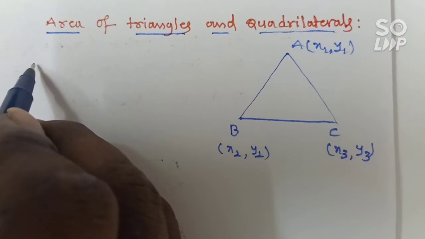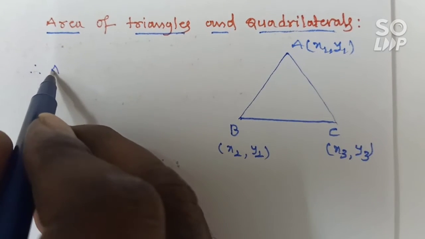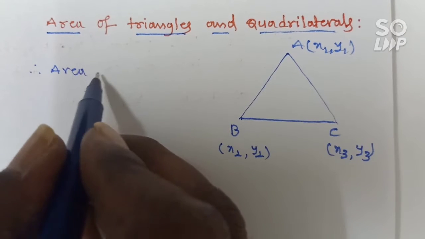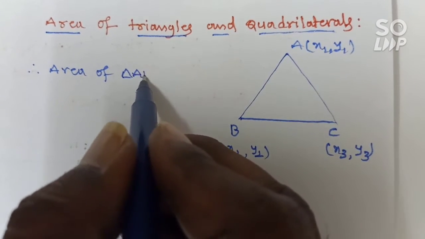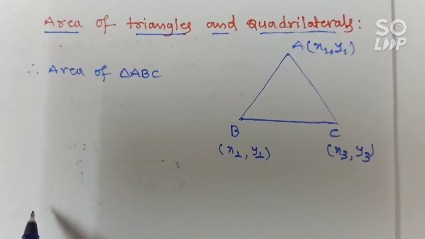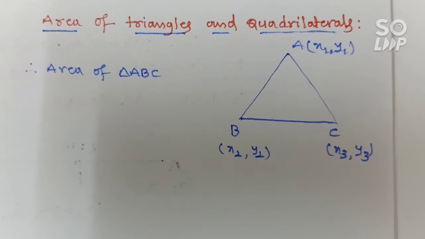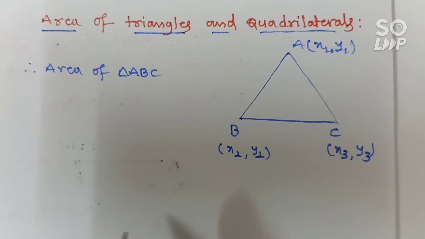So we know the area of triangle ABC, but when the vertices are given, how can we find this value?